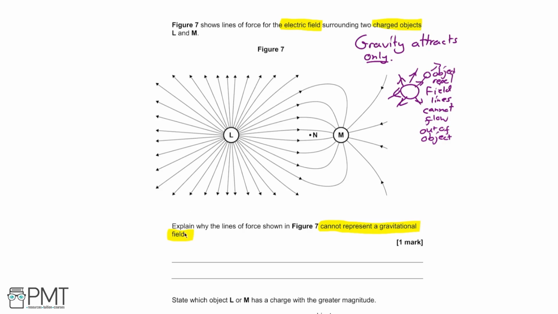So our answer then is that the lines of gravitational force, or the gravitational field lines, must always point into a massive object.